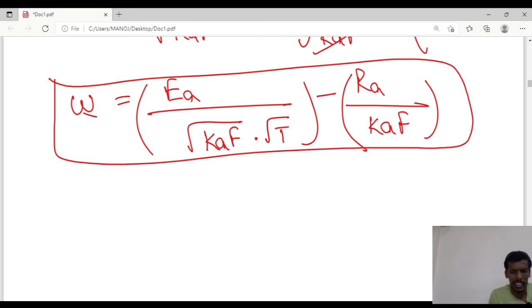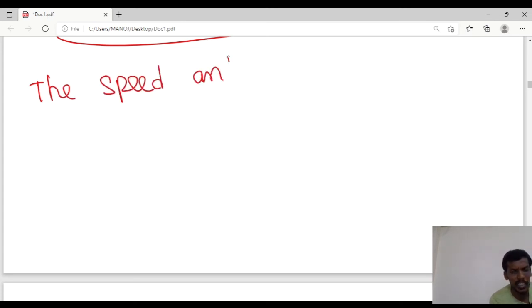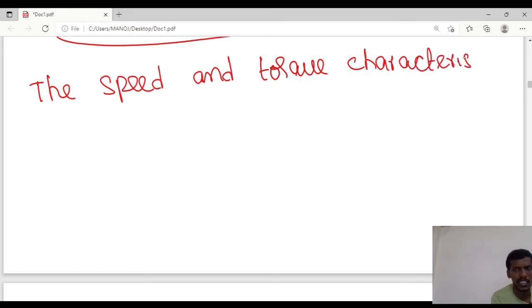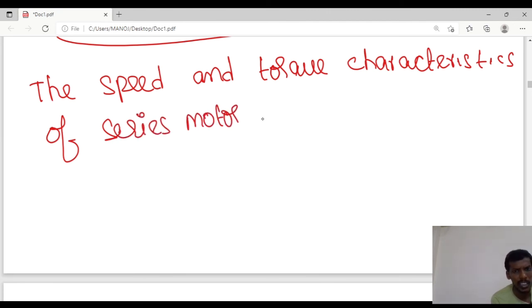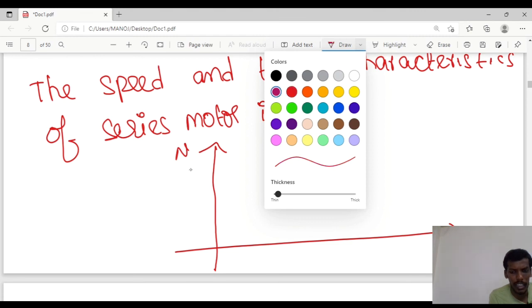And now the speed torque characteristics. The speed and torque characteristics of the series motor we can take as inverse hyperbola characteristics.